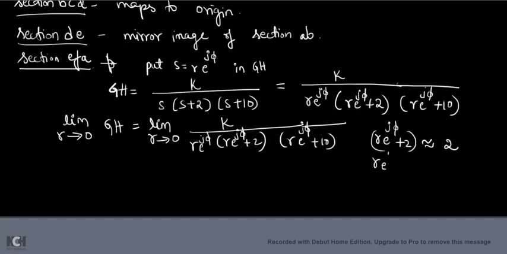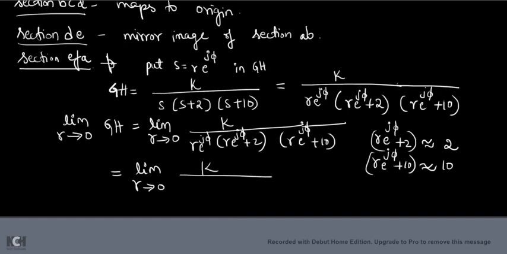Similarly, r e^(jφ) plus 10 can be approximately written as 10 only, because r is 0. Now I will substitute here. Limit r tends to 0, K by this r I will keep as it is.